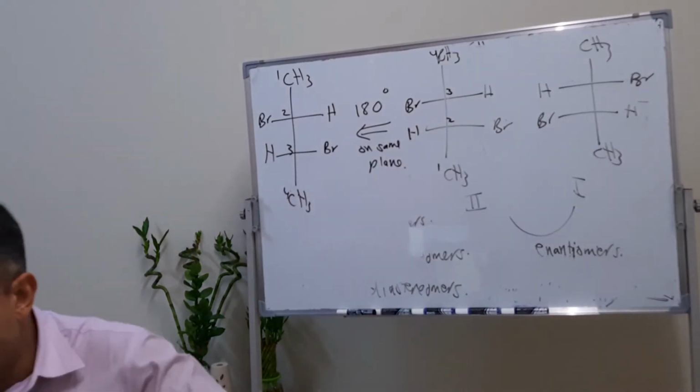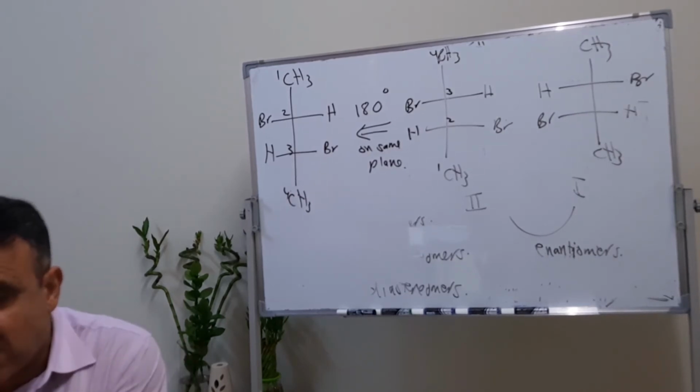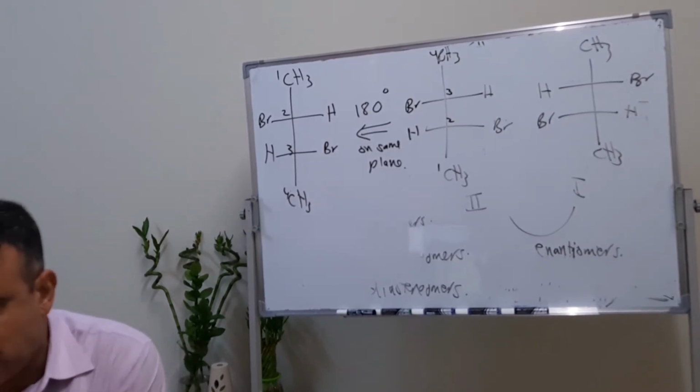We do rotation to make it easy for us to imagine, because we don't have the models or the three-dimensional structures.